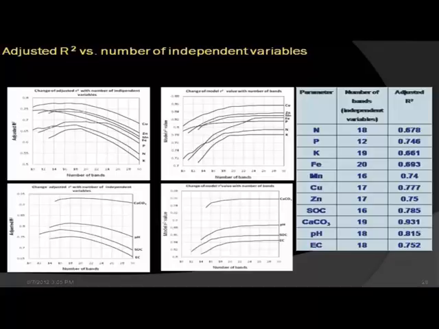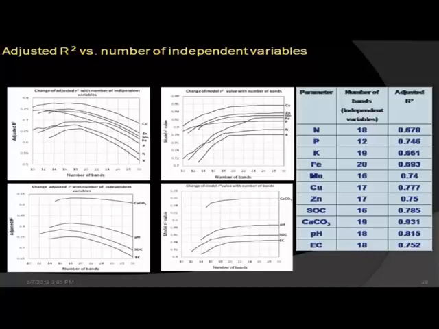That means after 15 variables, if you keep on adding more bands, the reflectance or absorbance values in different bands hardly give any more information or any improvement in the R square value. That indicates this is the optimum number of bands which can be used to develop the prediction model. In the table, the whole exercise result is given.